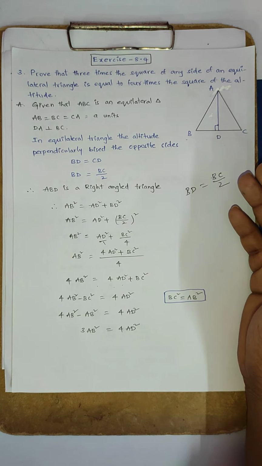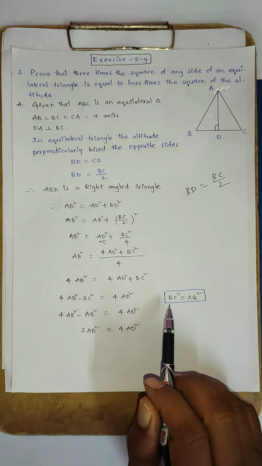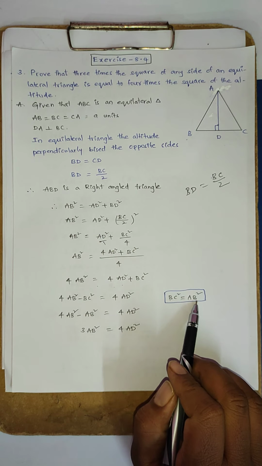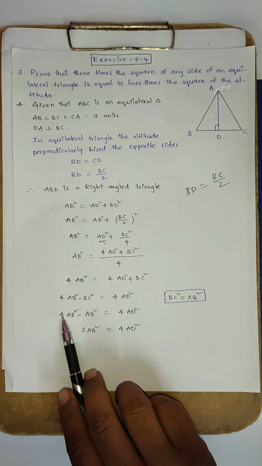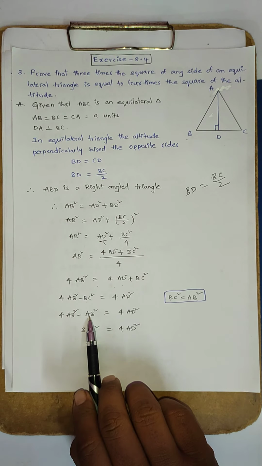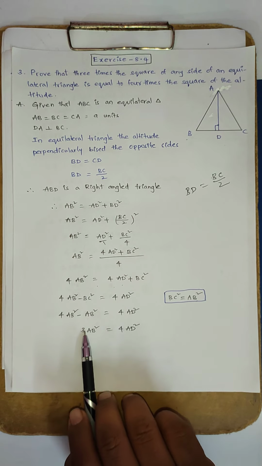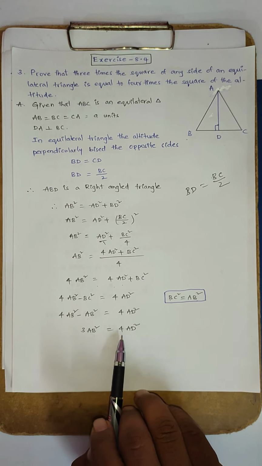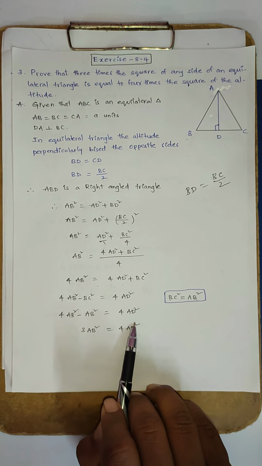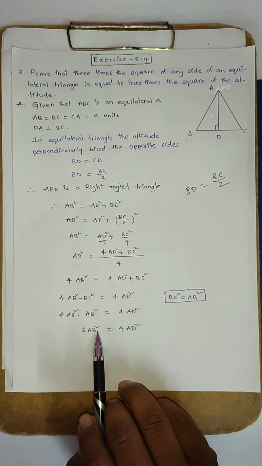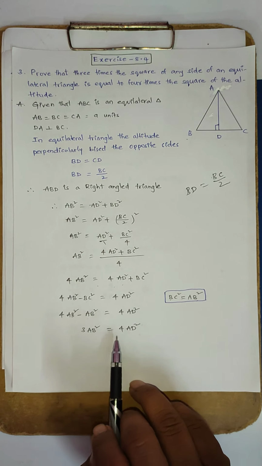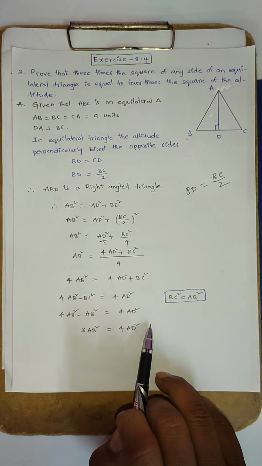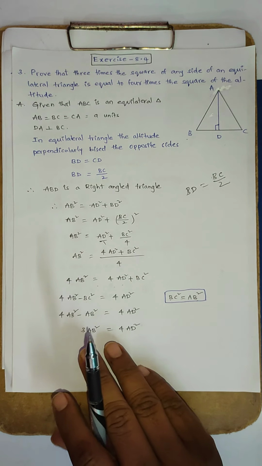All sides are of the same length, so instead of BC, we can write AB. 4 times AB square minus 1 time AB square, their difference, gives 3 times AB square is equal to 4 times AD square. AD is the altitude. AB is the side of the equilateral triangle. So 3 times the square of any side is equal to 4 times the square of its altitude.